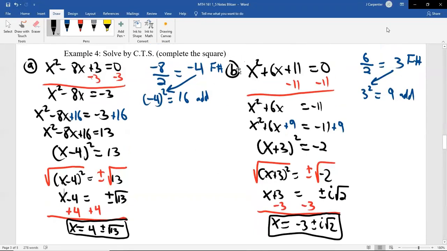Nobody knows. I'm not going to say nobody. Nobody at our level can factor x squared plus 6x plus 11 and know that it's x plus 3 plus i square root of 2 times x plus 3 minus i square root of 2. You're probably wondering what the heck I just said.